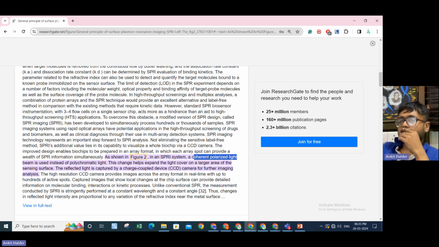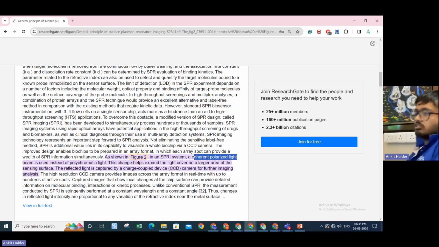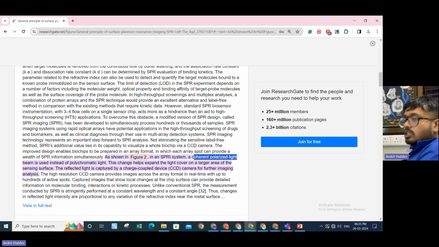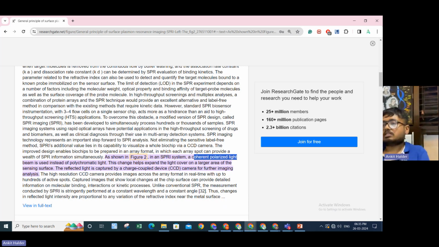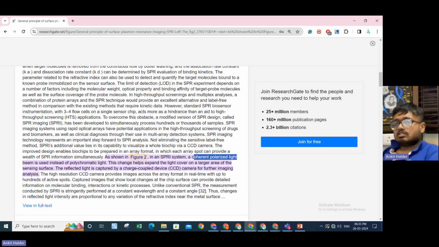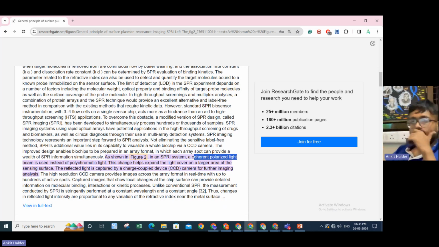So the first difference is the light source, where a coherent polarized light is used, but not a polychromatic light. This change helps expand the light cover on a larger area of the sensing surface, and the reflected light is captured by a charge-coupled device, CCD camera, for further imaging analysis.